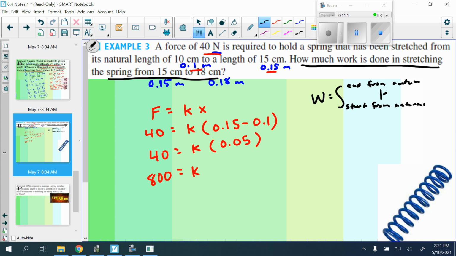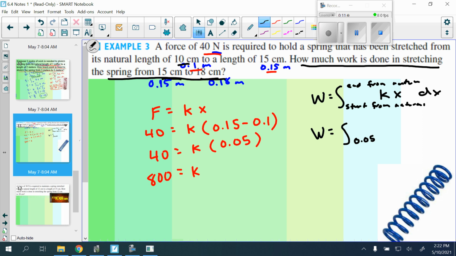And then we've got our kx dx here. So the amount of work, what's our starting one? Well, 15 is our starting. That is not the natural length. Natural length is 10 centimeters. If we subtract that, that's 5 centimeters away. So our starting amount is 5 centimeters away, or that's 0.05 meters.